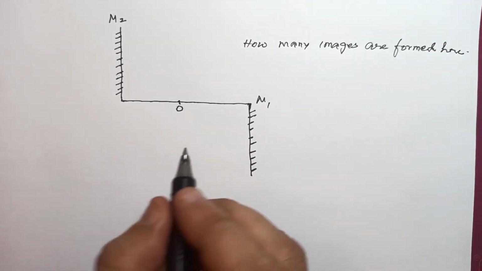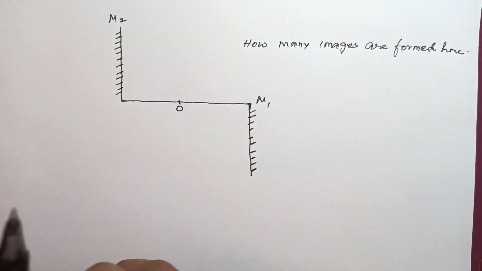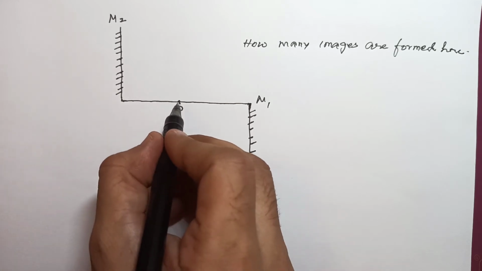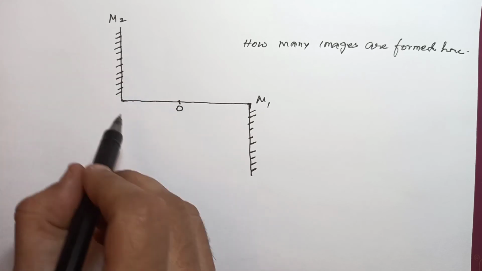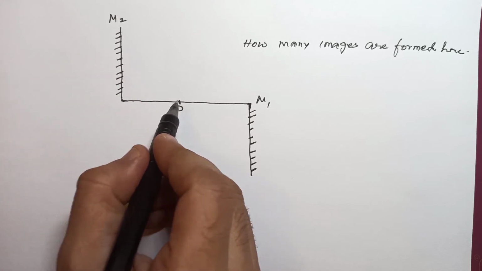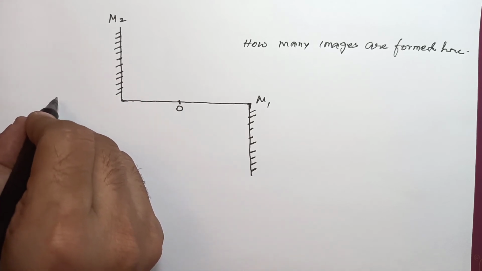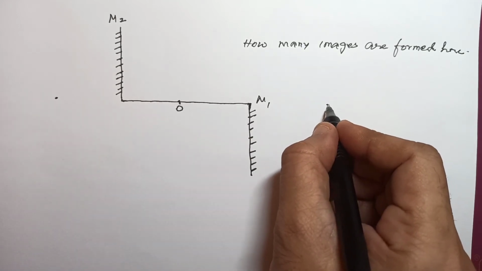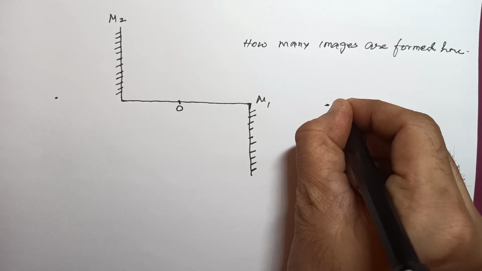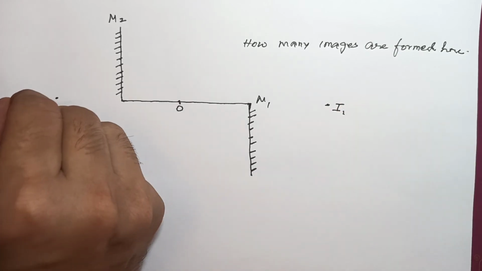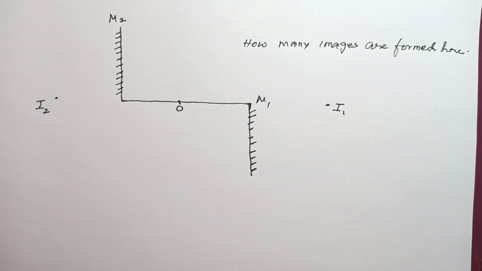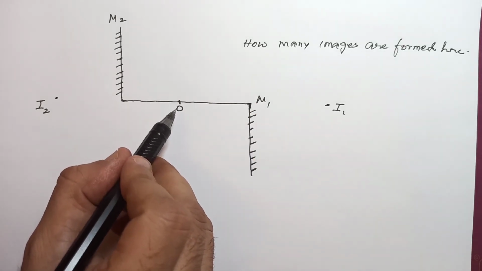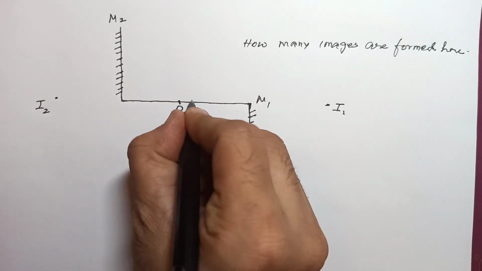Now very simple. First, let's be straightforward. This is the object, this is the mirror. So the first image will be formed somewhere here. One image would be formed here. Let's say this is I1 and this is I2. Now let's take one ray here.